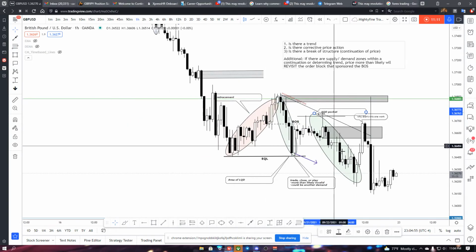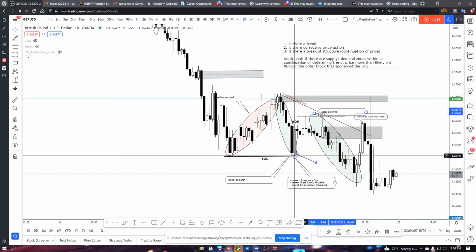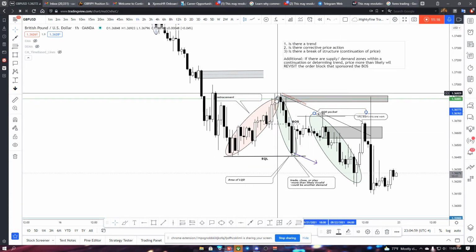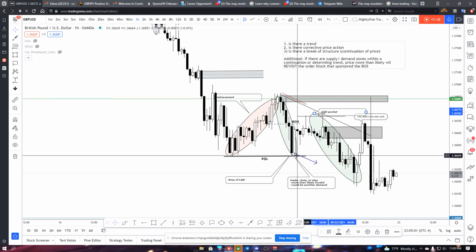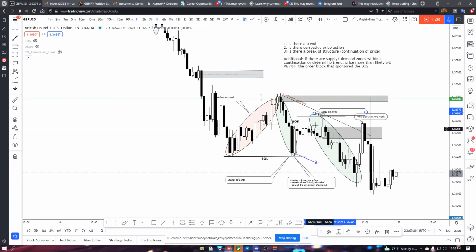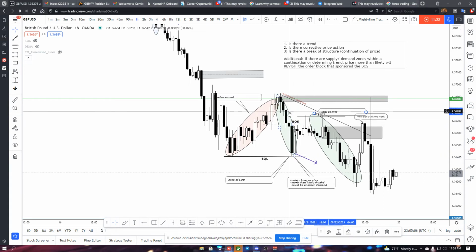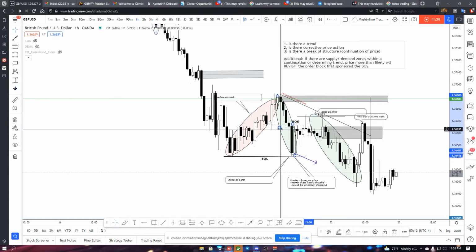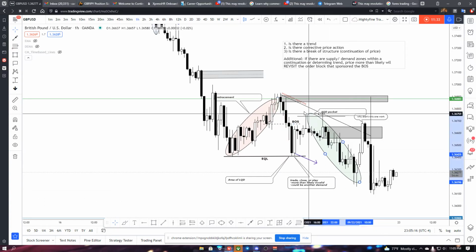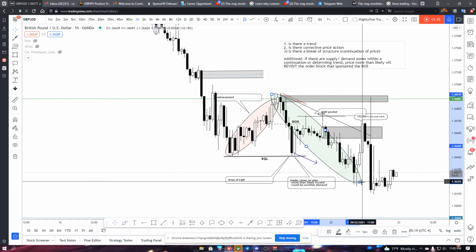These two moves were sponsored by this region right here. So I can delete this and just move this up because I've already done my analysis.